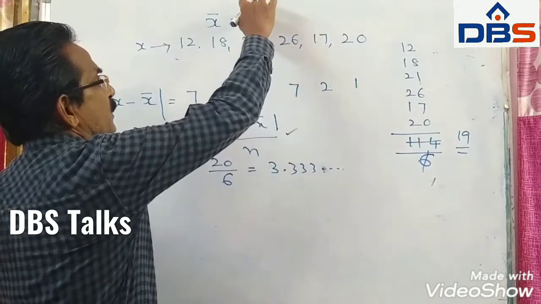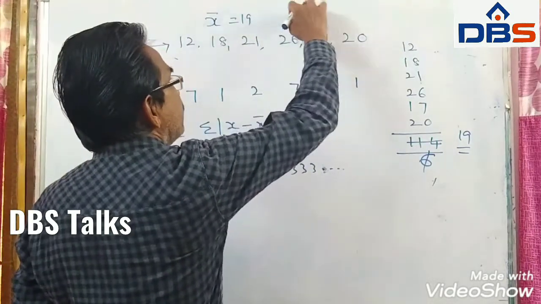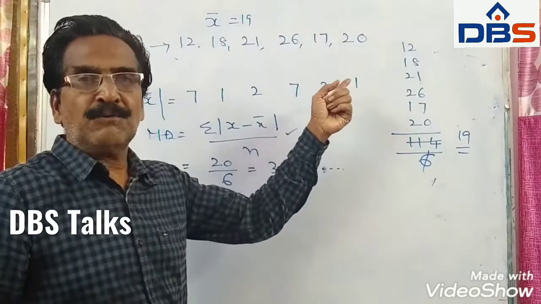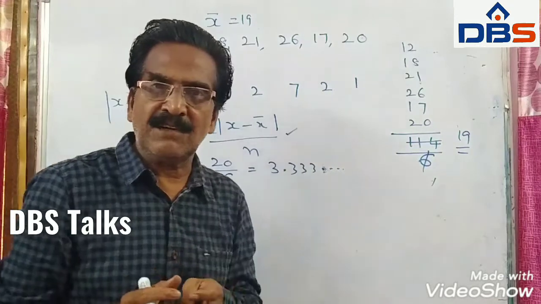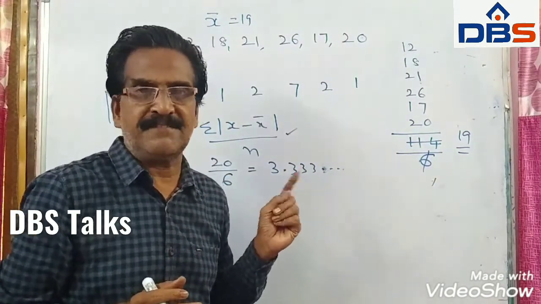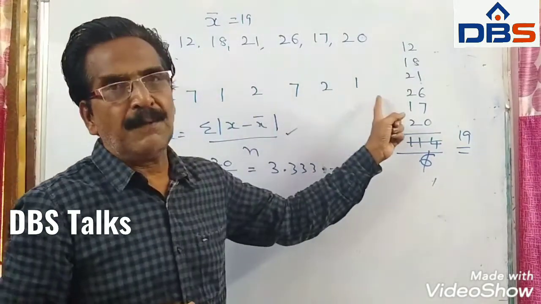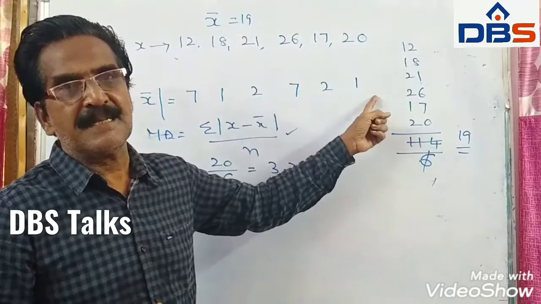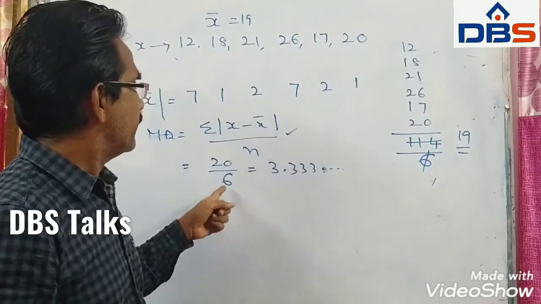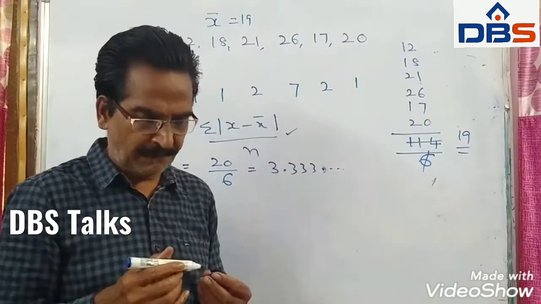Here difference 2. Here difference 7. Here difference 2. Here difference 1. So we have to find the average of these absolute deviations. Average means we sum up all these deviations by n, the number of values. You get the average. So this is the first problem, friends.